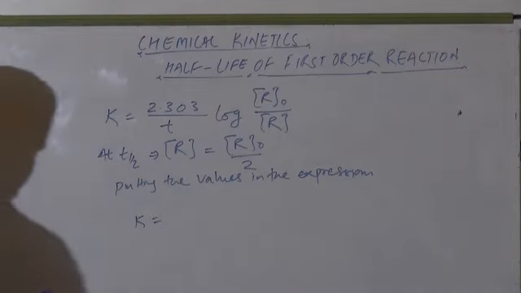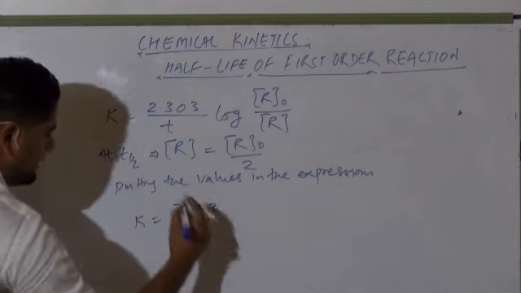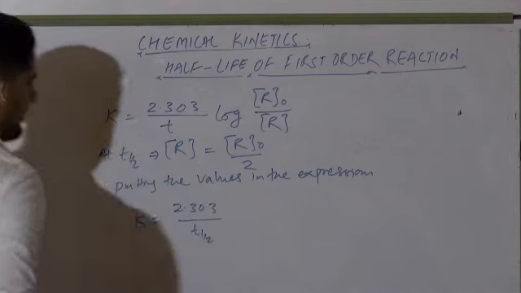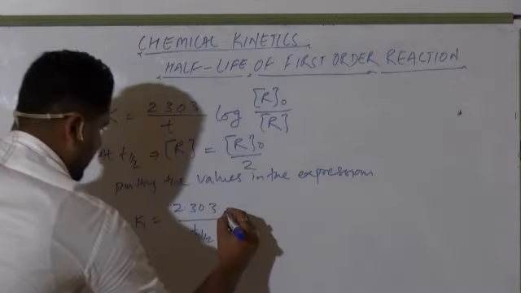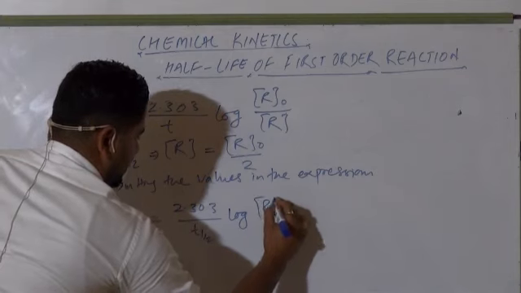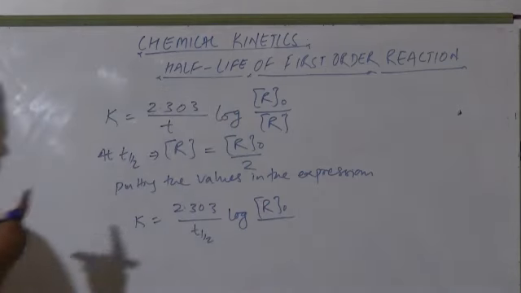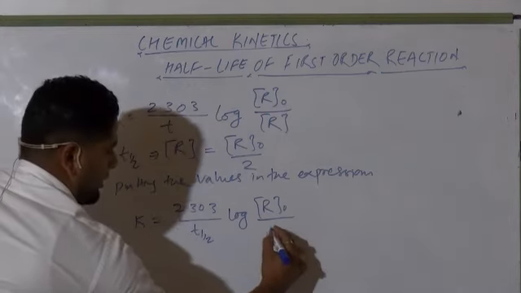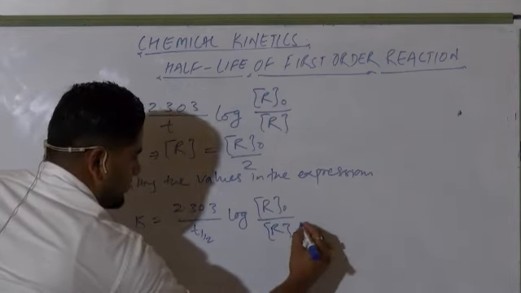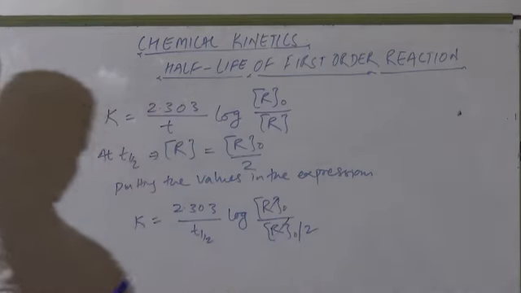K is equal to 2.303 by T half, log of R initial divided by R, and since R will be R initial by 2, the R initial will get cancelled.